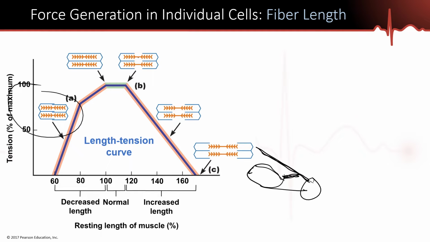And if the biceps muscle is incredibly shortened, what's the biceps muscle made up of? Muscle fibers. What are the muscle fibers made up of? Myofibrils. What are the myofibrils made up of? Sarcomeres. The sarcomeres within the biceps muscle fibers will be incredibly shortened. And they'll be so shortened that we actually think that the actin filaments cross over into the adjacent parts of the sarcomere.